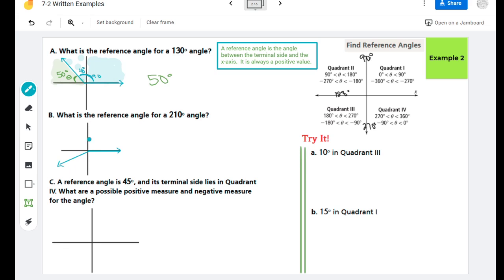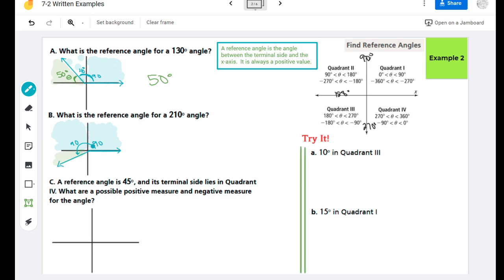All right, so let's describe this angle. You could see here it's made up of quadrant 1, quadrant 2, and this part of quadrant 3. Okay, so this part is 90.